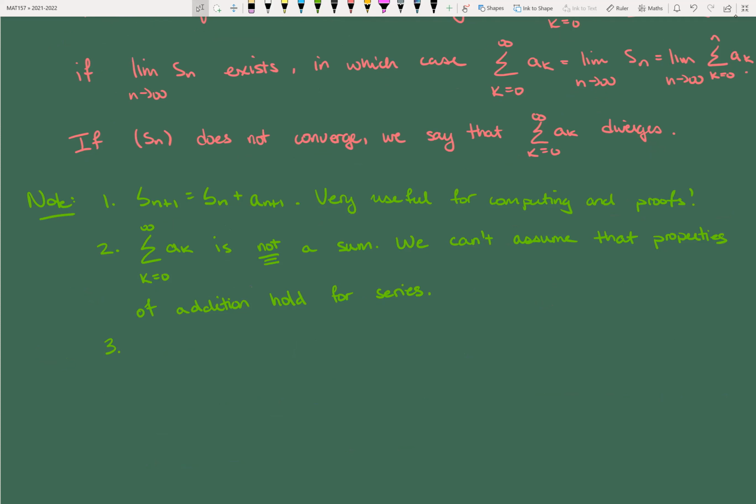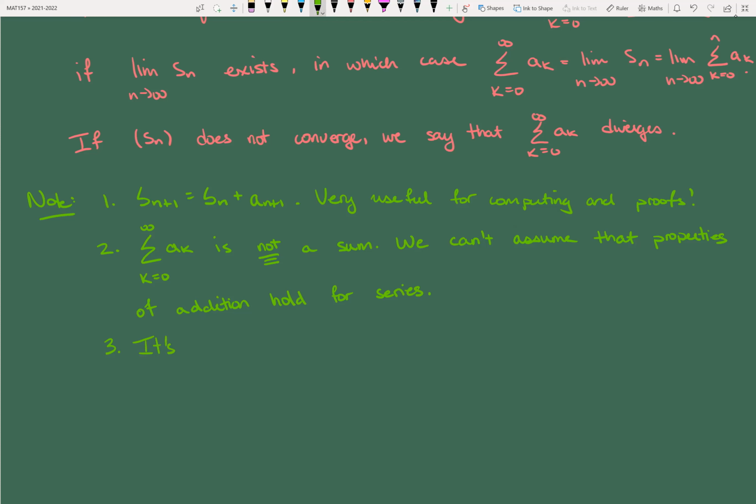Okay, the next thing. Integrals generally, in our experience, were pretty easy to find. We know that there are some functions that don't have elementary antiderivatives, and that's okay, but those seem to be relatively rare, right? In our experience, there were lots of functions for which we could find elementary antiderivatives. Turns out that's almost impossible for sums.